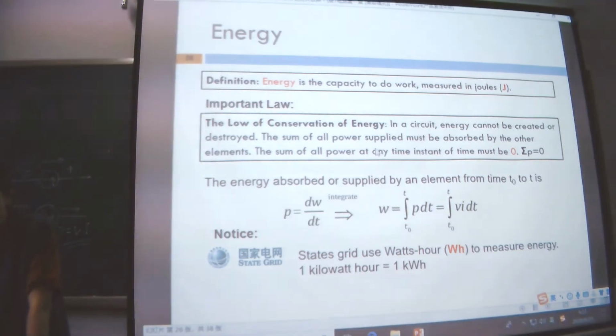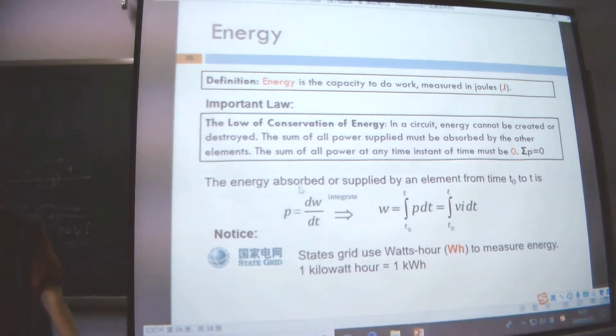The sum of all power supplied must be absorbed by another element. The sum of all power at any time instance must be zero. The sum of P equals zero. So this equation is the mathematical expression of this law.